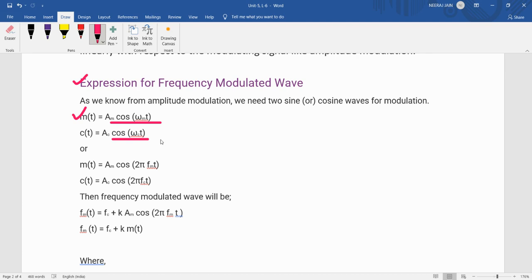Now m(t) can be represented by Am cos(2 pi fm t) and c(t) is represented by Ac cos(2 pi fc t). Then the frequency modulated wave will be f(t) = fc + k Am cos(2 pi fm t).